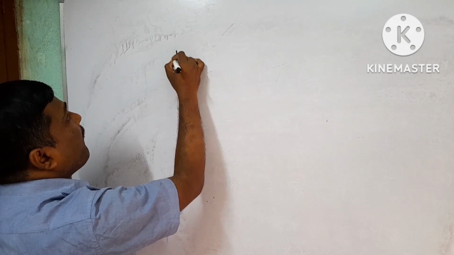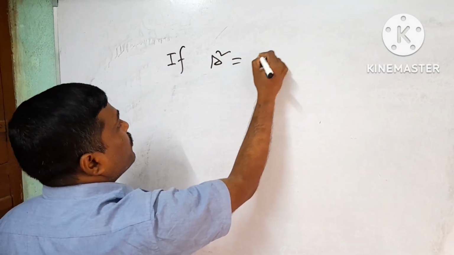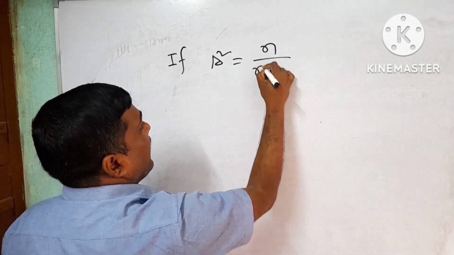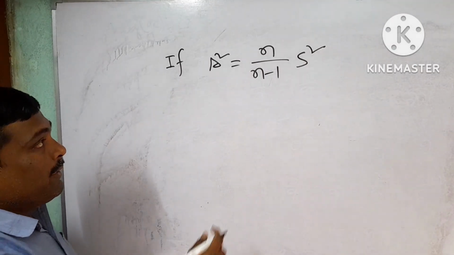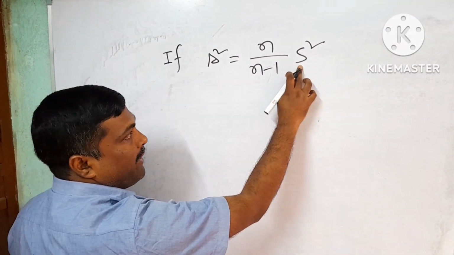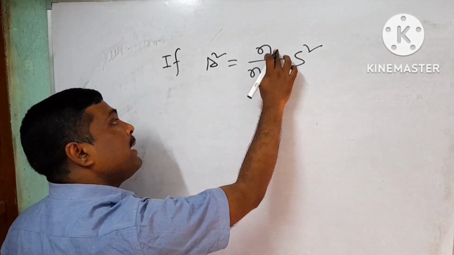Suppose small s square equals n by n minus 1 into capital S square. Capital S square is the sample variance, and n is the sample size.